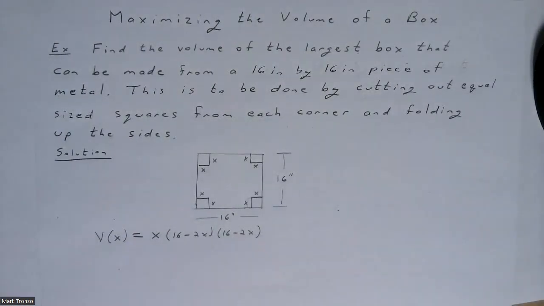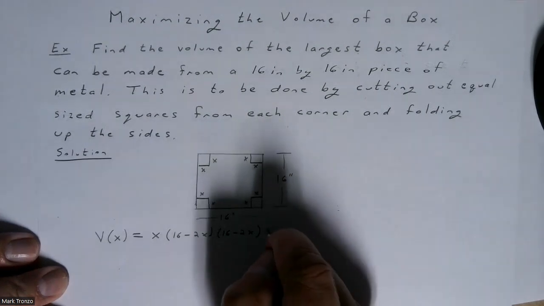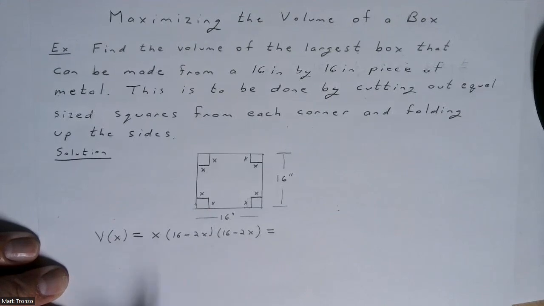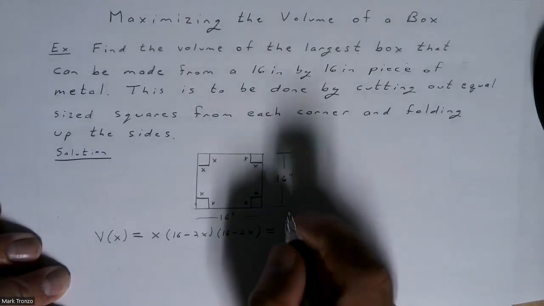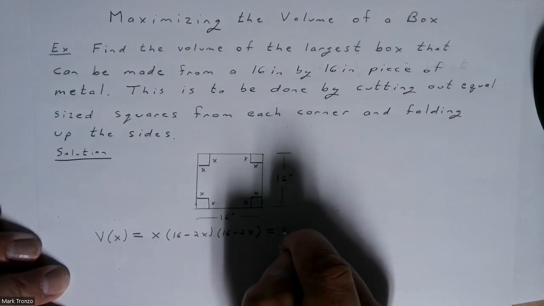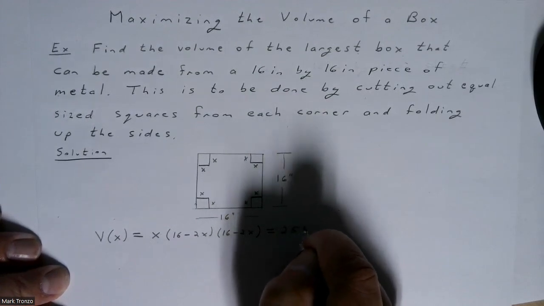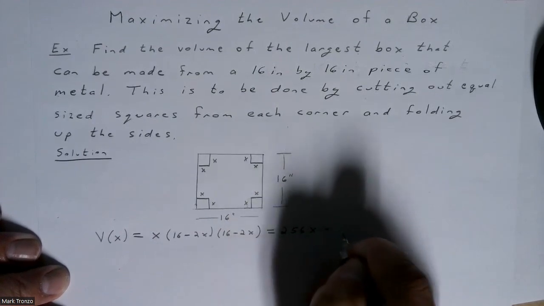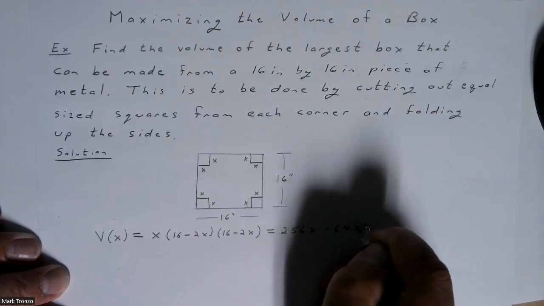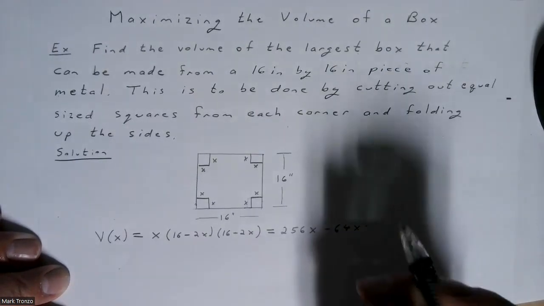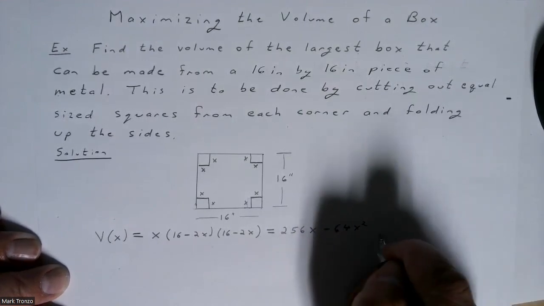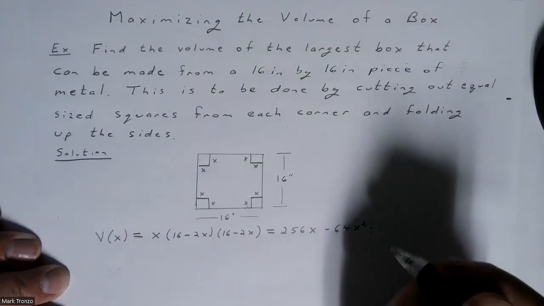And so now we multiply this out. If we FOIL this and then multiply by x, you can double check this, I ended up with 256x minus 64x squared plus 4x cubed.